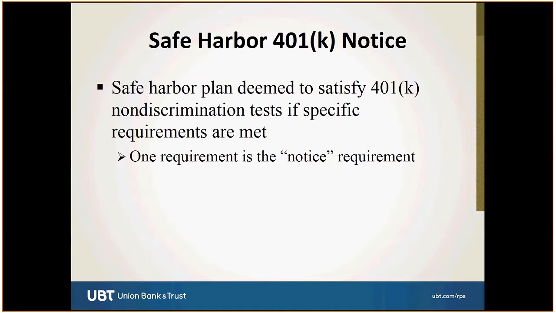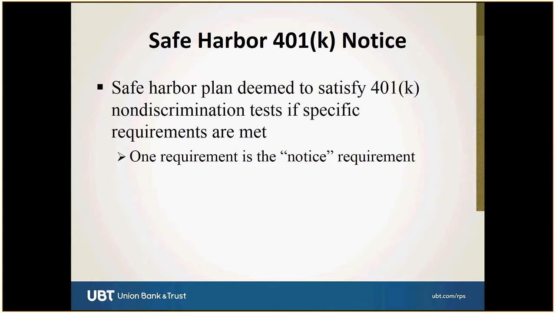So the main reasons, I think, why most employers adopt a Safe Harbor 401k plan design, I think the two primary reasons are, one, they've been having troubles with their non-discrimination testing, and the Safe Harbor 401k plan is a solution to that.